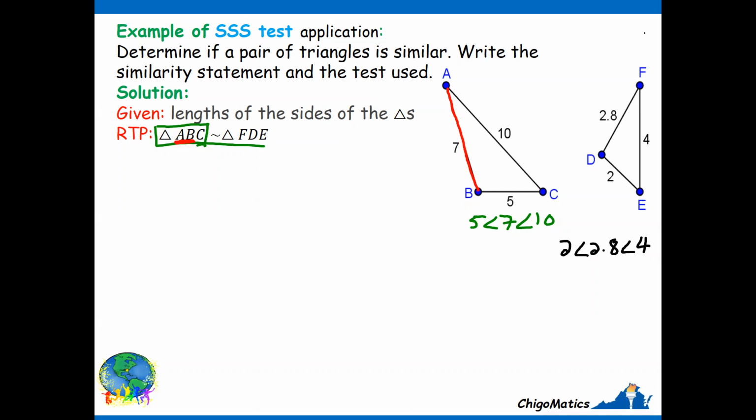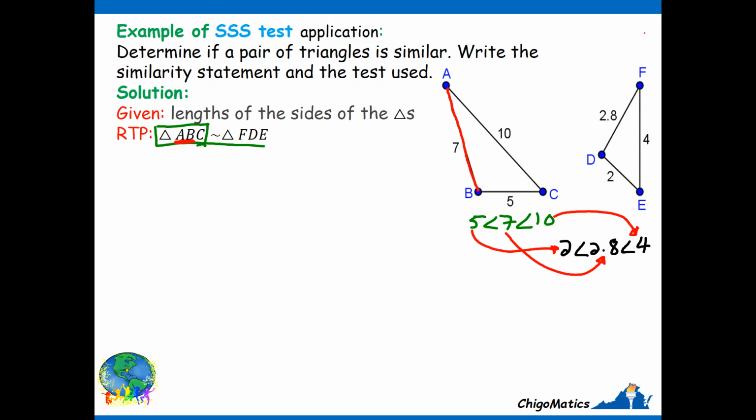So since AB is 7, it should correspond to the second biggest. So it has to correspond to this, right? This 10 should correspond to this, right? Then the 5 corresponds to this one, right? So this is how you can identify them.